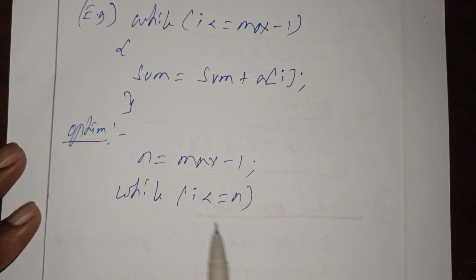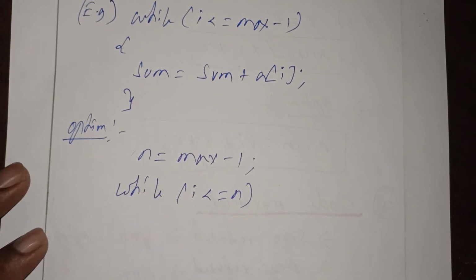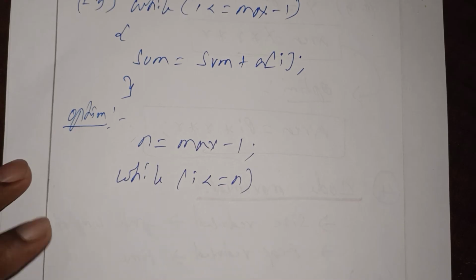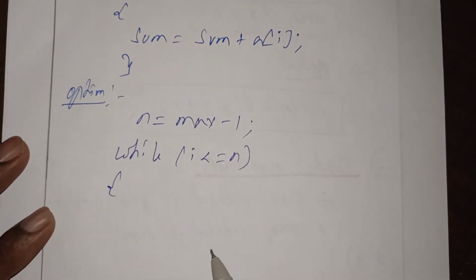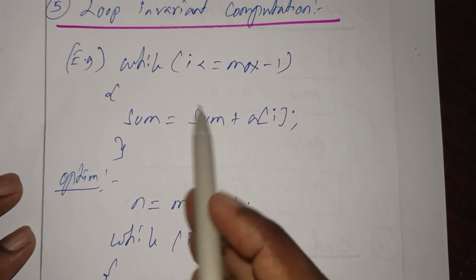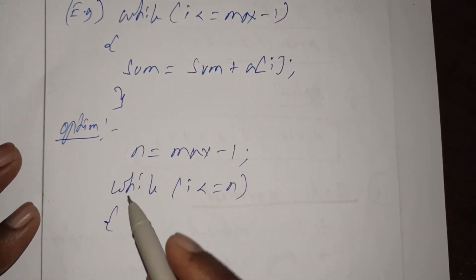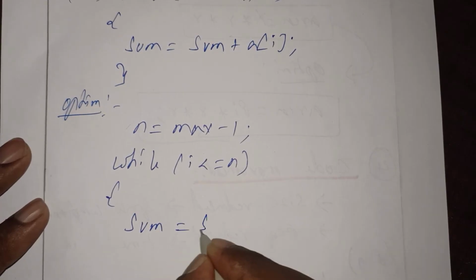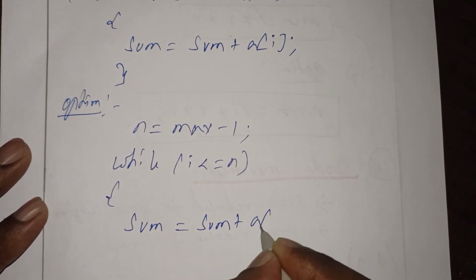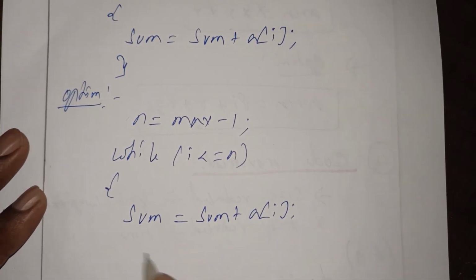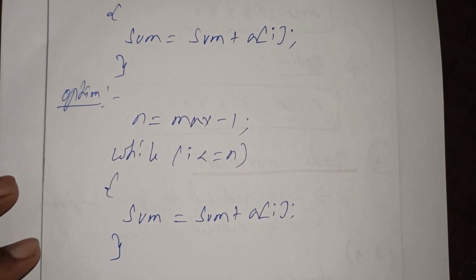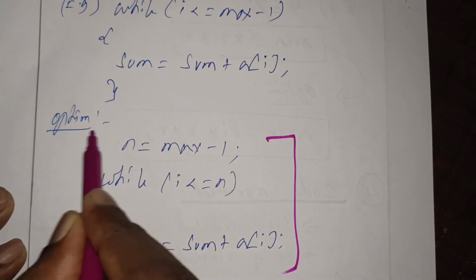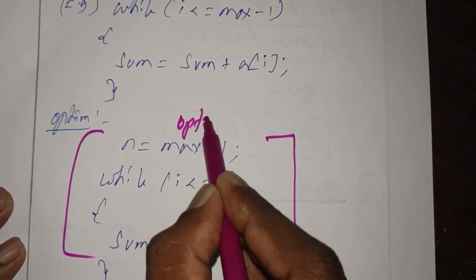Now you can see that n will hold a computed answer, so it will not recompute it every time. Okay, so now you write the same process, whatever is there up in the code. Sum is equal to sum plus a of i. Now I am going to close the code. So this is going to be an optimized code. This is an optimized one.